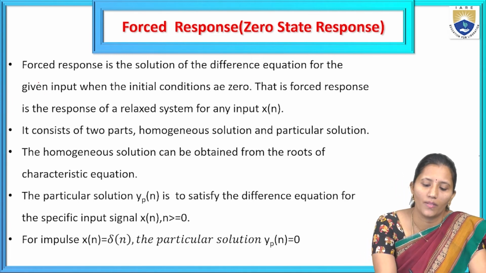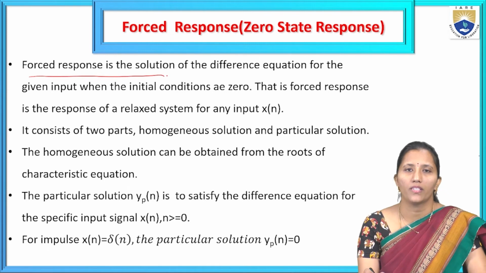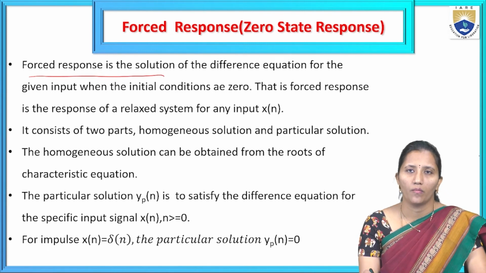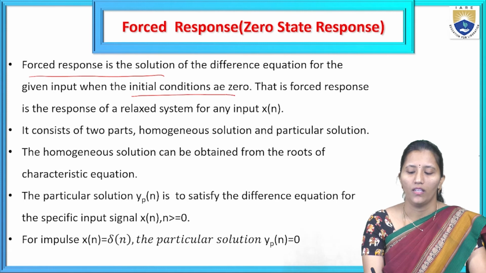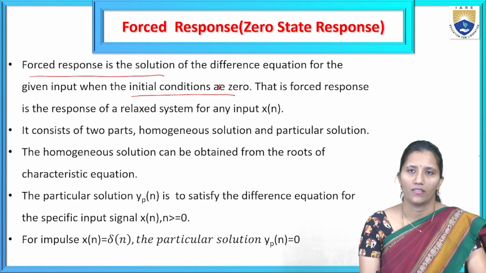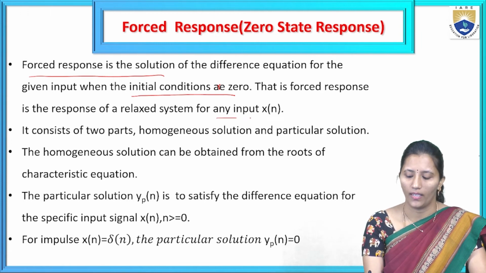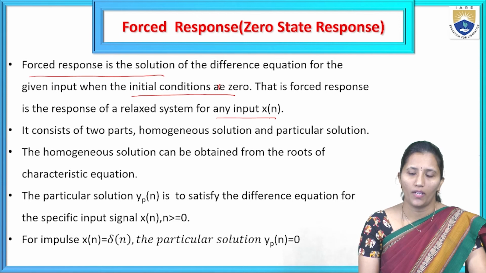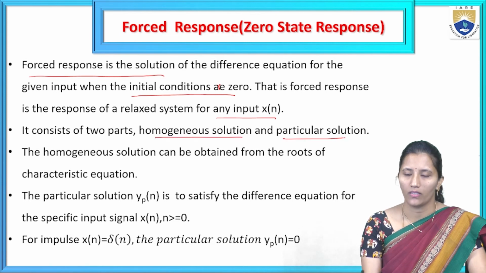So the forced response is the solution of the difference equation for the given input when the initial conditions are 0. That is, forced response is the response of a relaxed system for any input x of n. So it consists two parts, homogeneous solution plus particular solution.